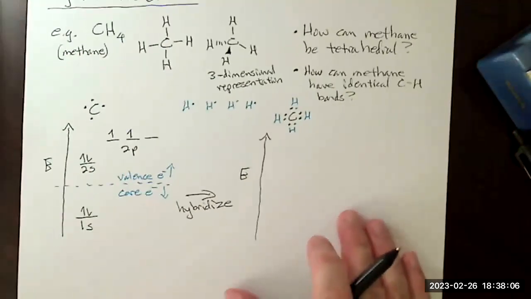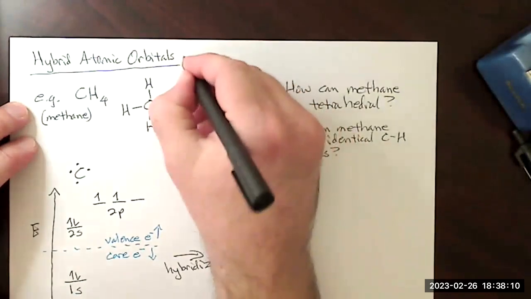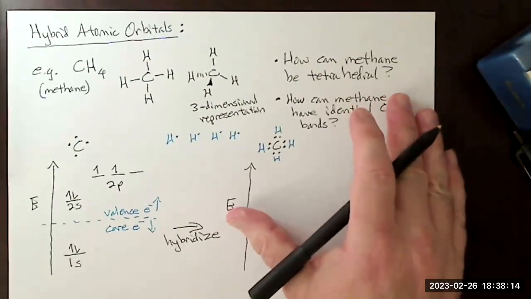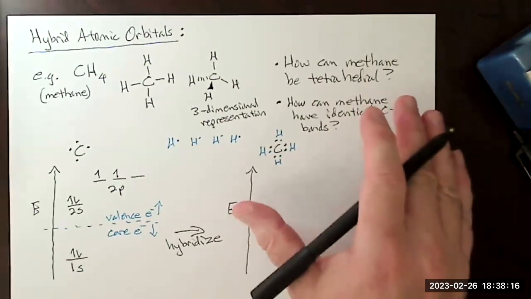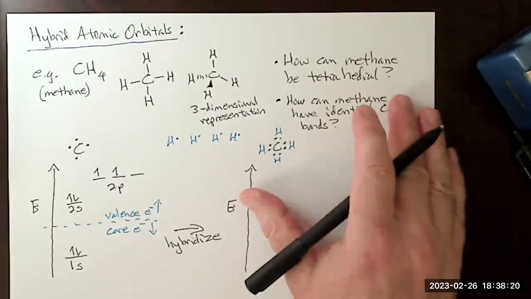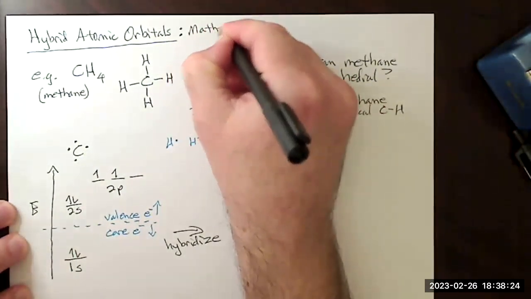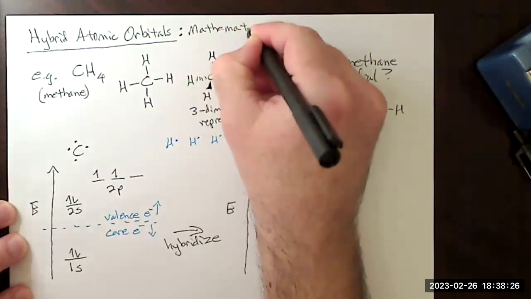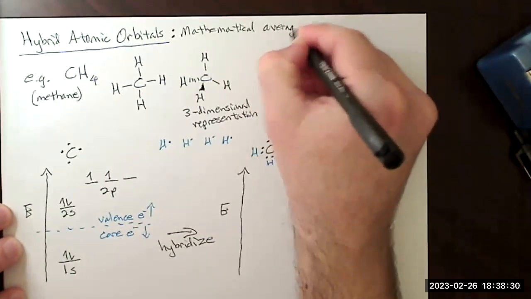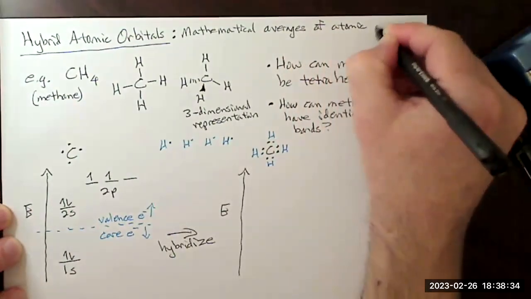So hybrid atomic orbitals are mathematical reconstructions of regular atomic orbitals. They're blends or averages of atomic orbitals. So we'll say mathematical averages of atomic orbitals.